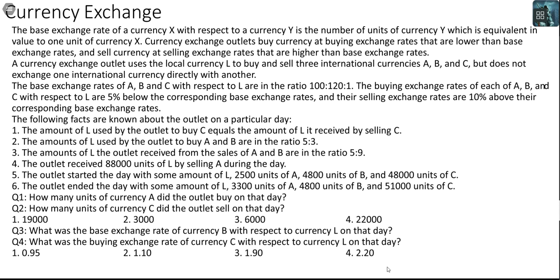The base exchange rates of A, B, and C with respect to L are in the ratio 100 is to 120 is to 1. The buying exchange rates of A, B, C with respect to L are 5% below the corresponding base exchange rates, and their selling exchange rates are 10% above their corresponding base exchange rates. Okay, and then the following facts are known.